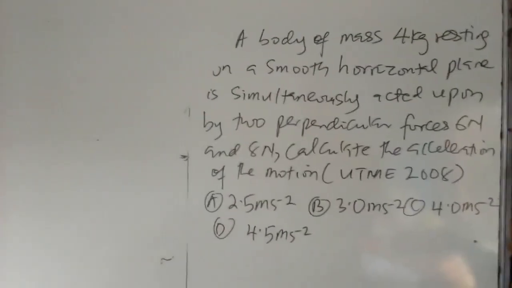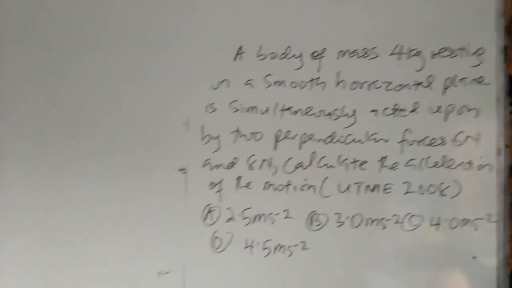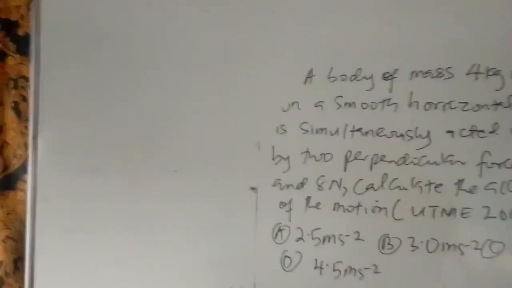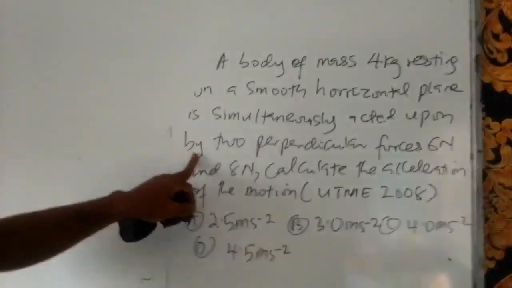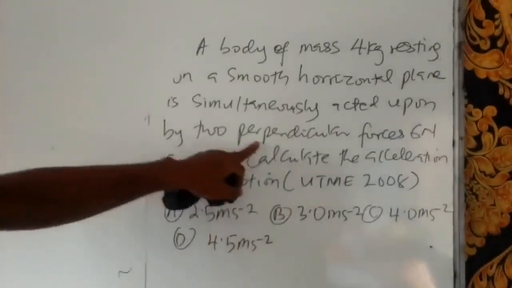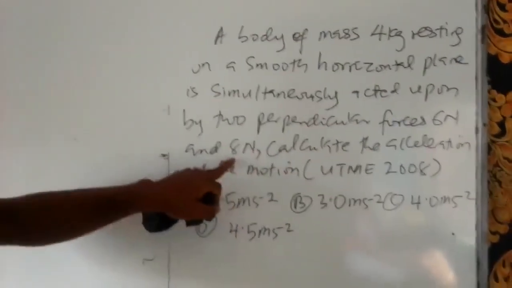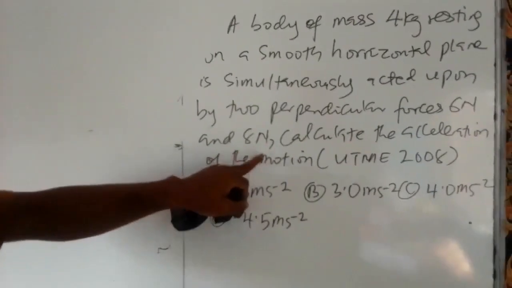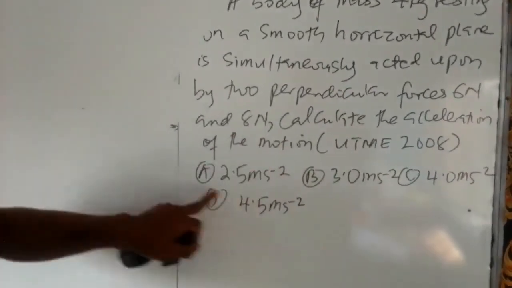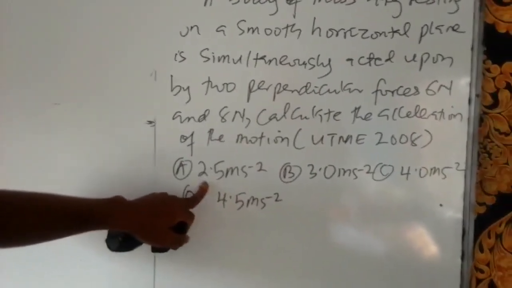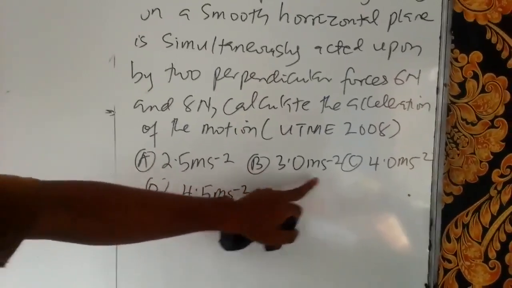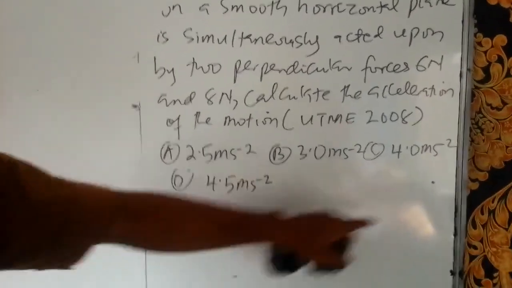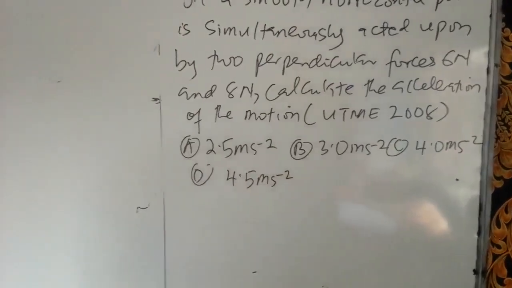So a body of mass 4 kg resting on a smooth horizontal plane is simultaneously acted upon by two forces that are perpendicular, 6 Newton and 8 Newton. Find the acceleration of the motion. We have option A, 2.5 meters per second squared, option B, 3.0 meters per second squared, option C, 4.0, option D, 4.5.